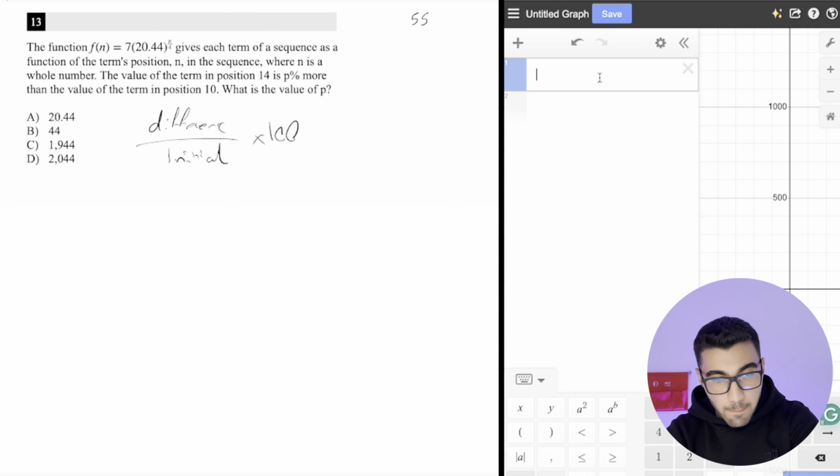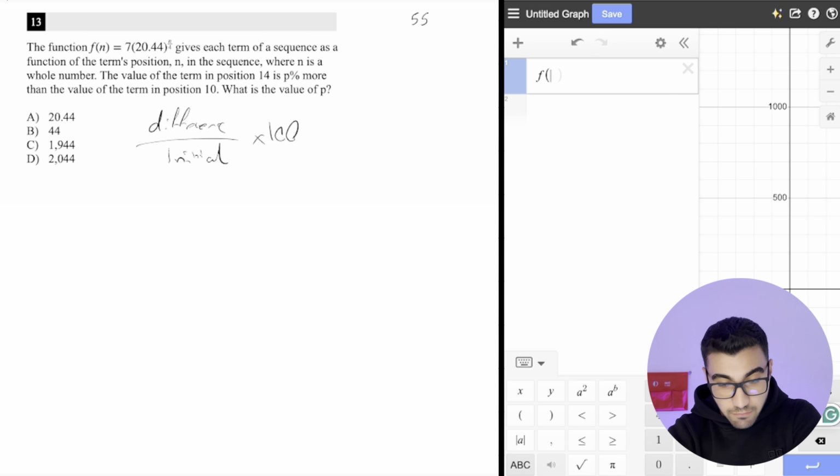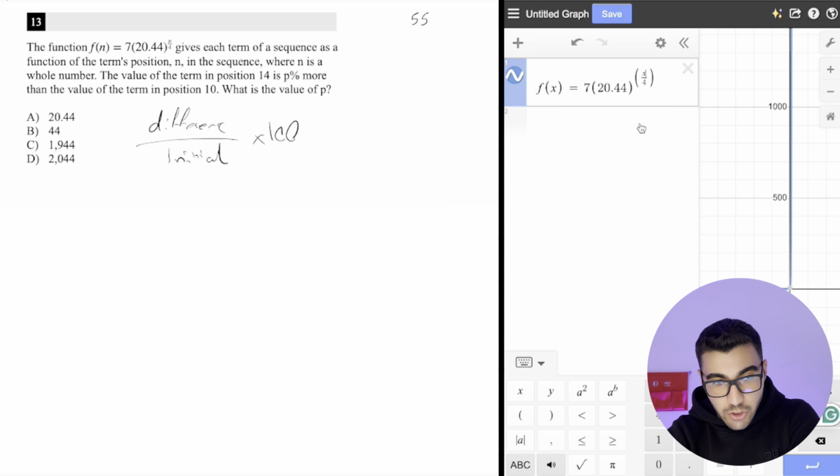So let's define this function as 7 times 20.44 over x, not n but x there, yeah. Okay, this is the function, yes.